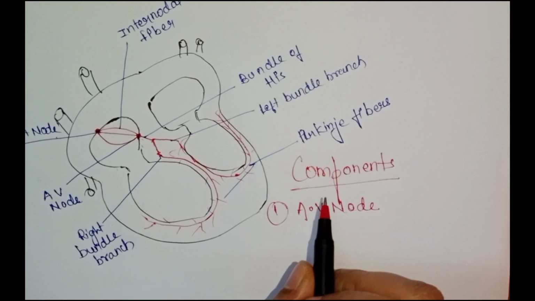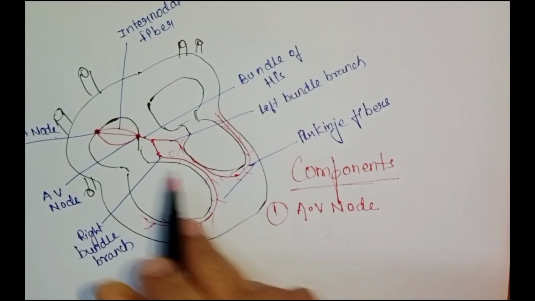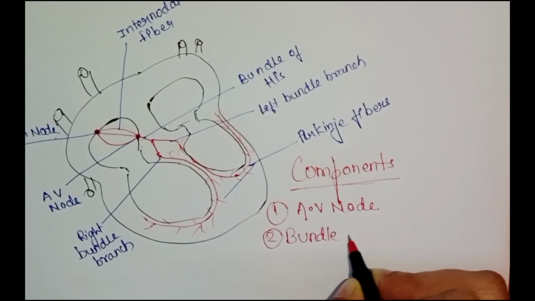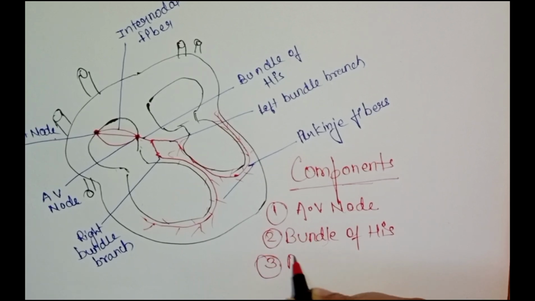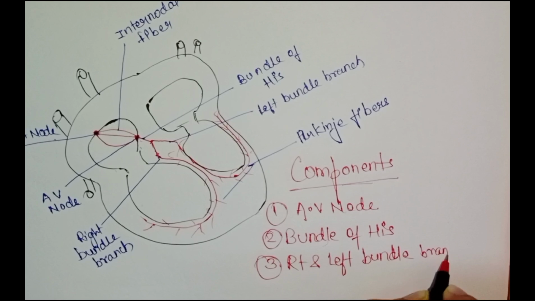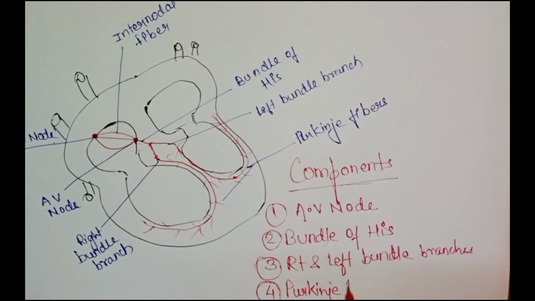So SA node is not part of the conductive system of human heart. The components of conductive system start from AV node, second bundle of His, third right and left bundle branch, and fourth is Purkinje fiber.